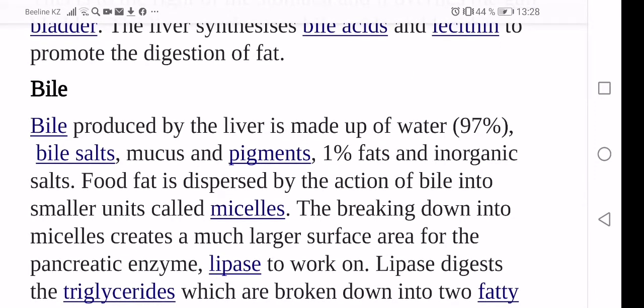Bile produced by the liver is made up of water, 97% bile salts, mucus and pigments, 1% fats and inorganic salts. Food fat is dispersed by the action of bile into smaller units called micelles.